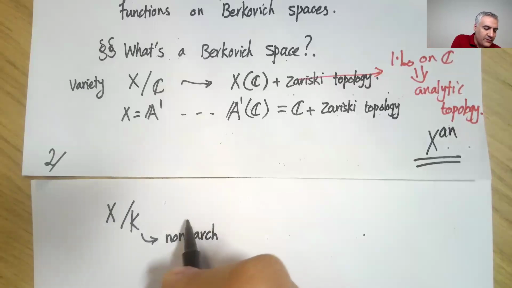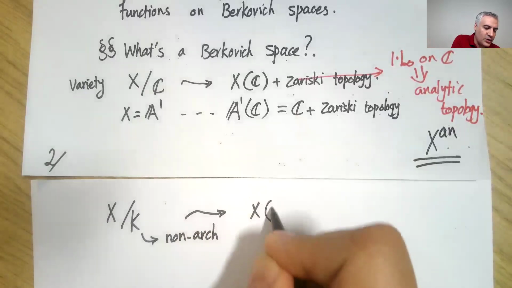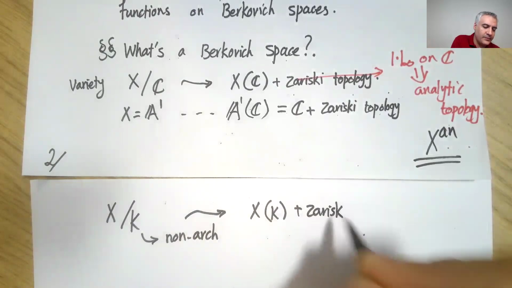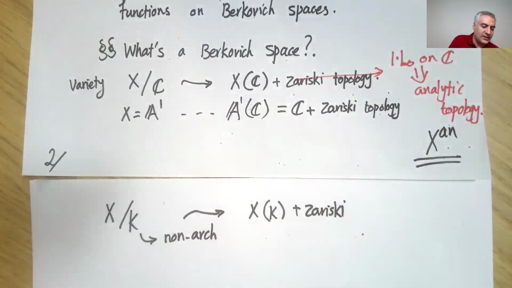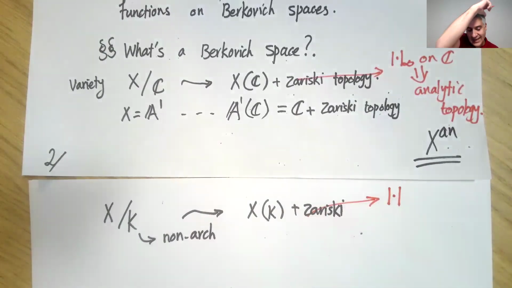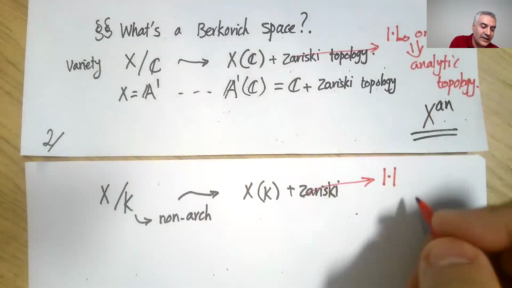You can try to do the same thing. You can look at your K-points with the Zariski topology. And then in the p-adic setup, you have the p-adic absolute value, or more generally a non-Archimedean absolute value.